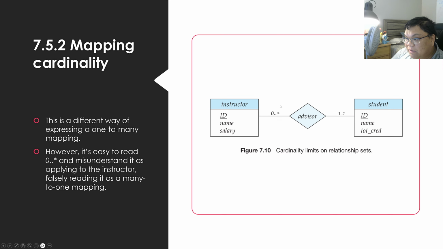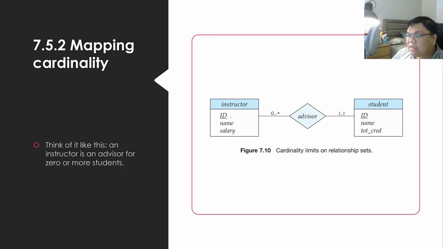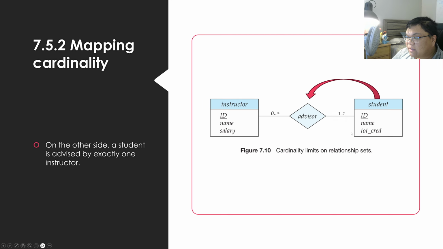So you see the 0..*, think it's applying to instructor, but no, it's actually applying to student. So think about it this way. It's a bit of a circuitous loop, and I want you to pay attention to the animation here, but an instructor is an advisor to 0 or more students. And a student is advised by exactly 1 instructor.